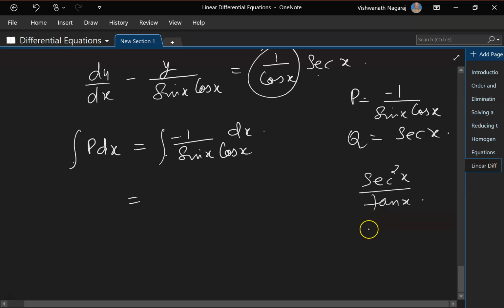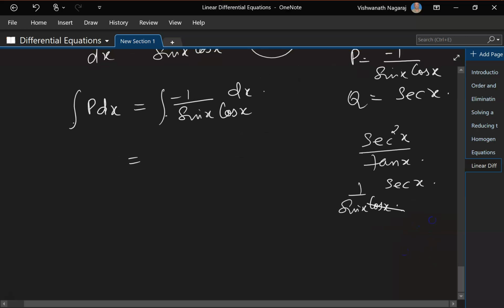How do I do that? First of all, let's say 1 by sin x cos x. 1 by cos x is sec x, right? So 1 sec x we have. Now tan x we can get by dividing both numerator and denominator by cos x, so the denominator becomes tan x. So sec x by, now if we divide the denominator by cos x we get tan x. So we have to divide the numerator also by cos x.